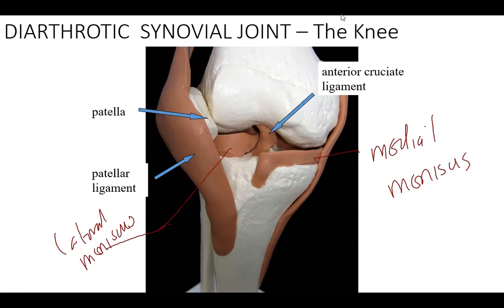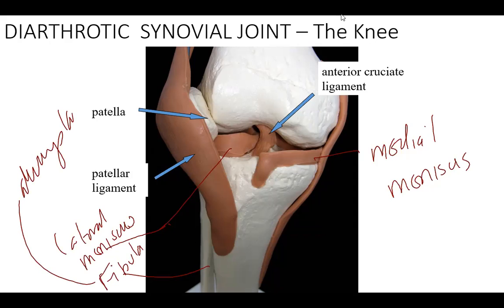How do I know that? Well, there's the fibula right there, and the fibula is always lateral. So we have the lateral meniscus here and the medial meniscus right here. And this is, of course, the femur here and the tibia right there.